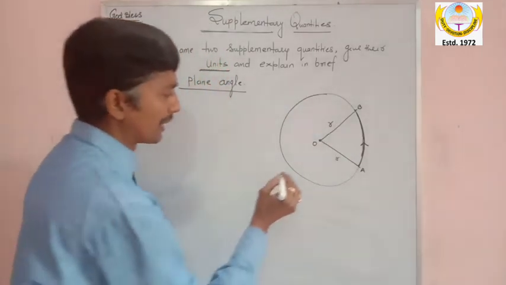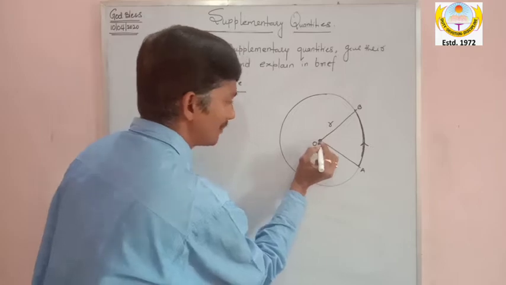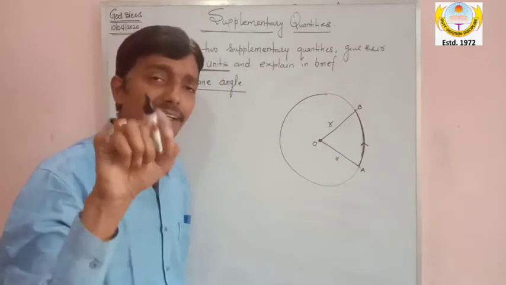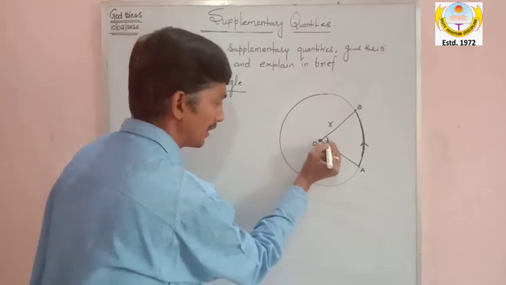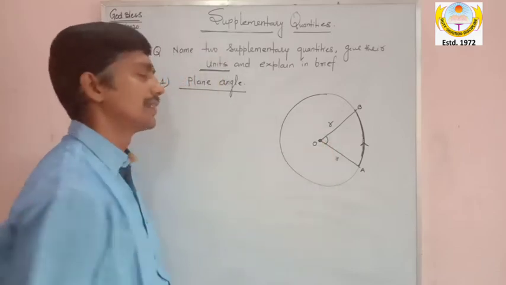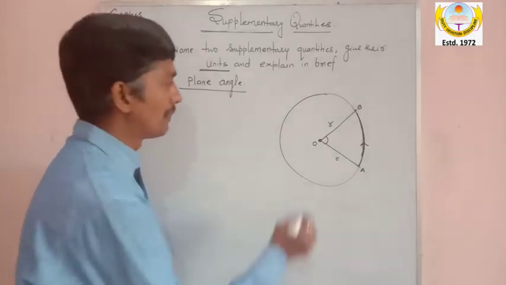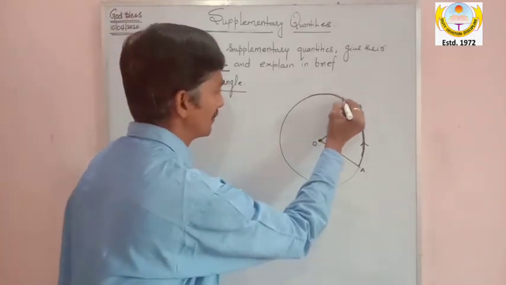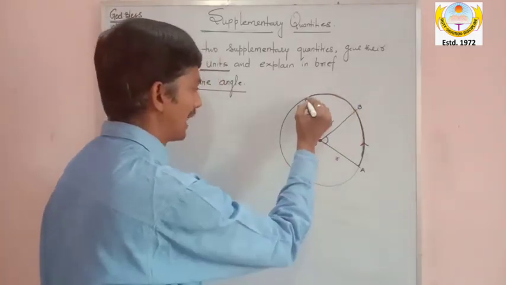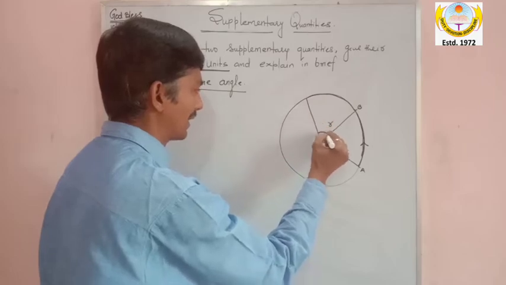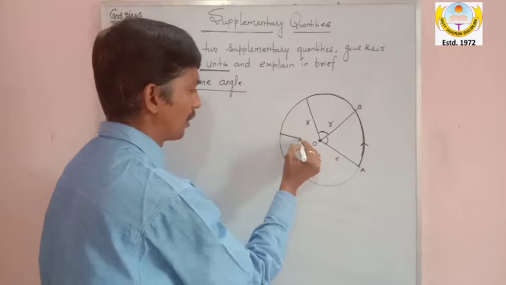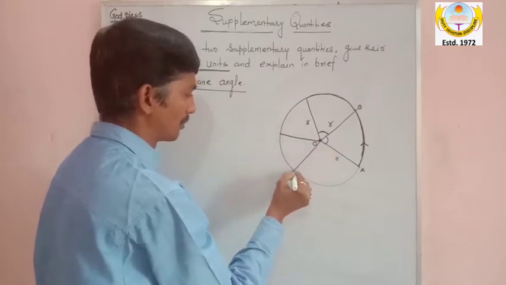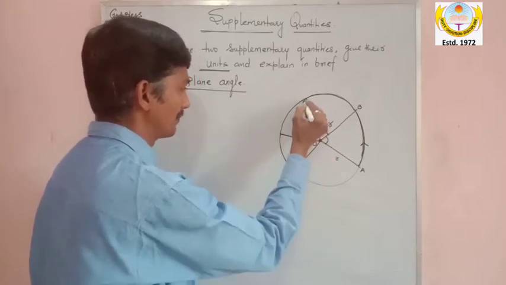Now, my dear, you can see there is an angle subtended or made at the center of this circle here. You can see. Similarly, my dear, if I take this arc, again there will be an angle made at the center like this. Similarly, I can draw this way. Everywhere I am drawing the arc.